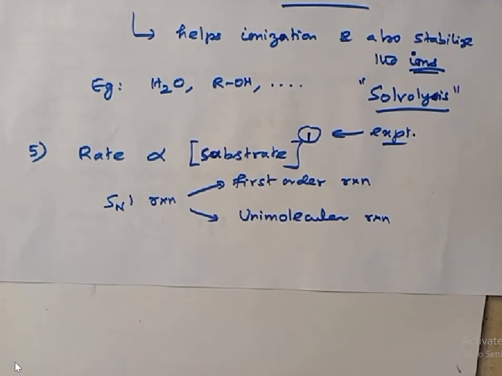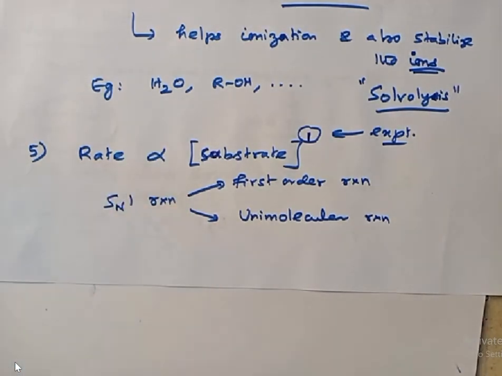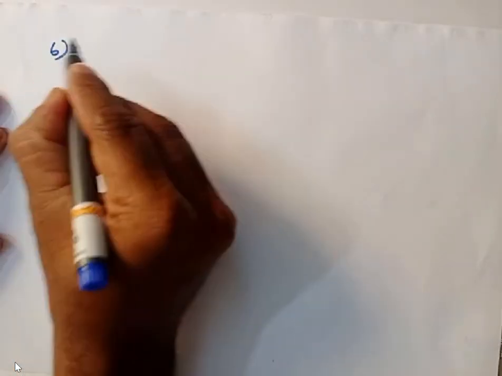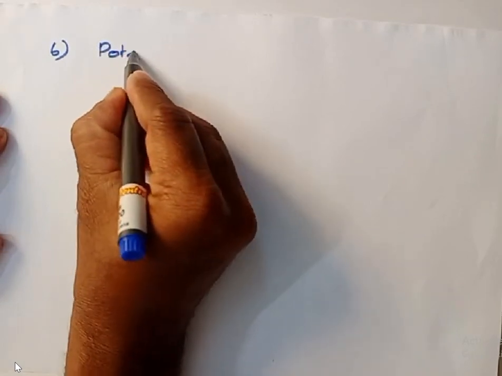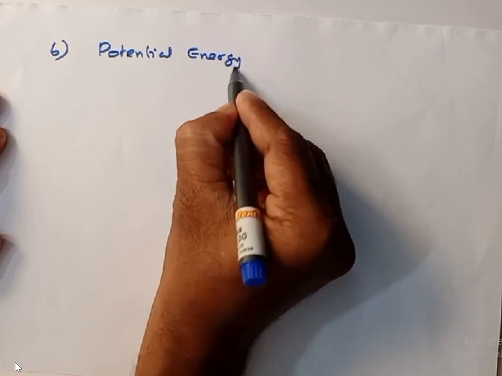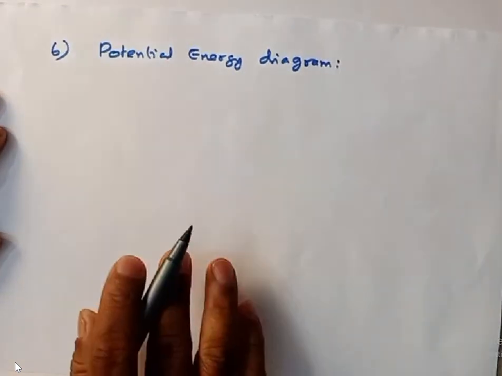Now, the next important point is the potential energy diagram. Let me draw it on the next page. Usually they won't discuss this in books, but this is very, very important. Potential energy diagram for Sn1 reaction.